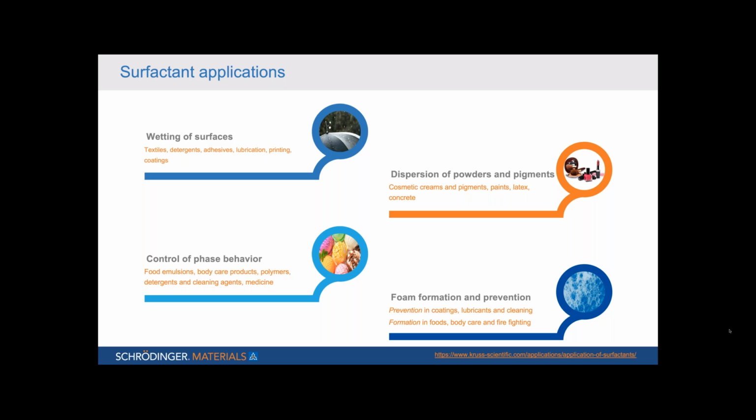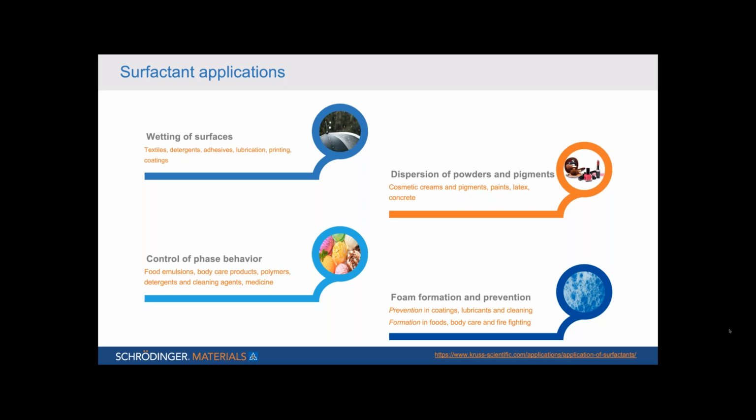So before I jump right in, just setting the stage, I'm sure most of the audience here are well familiar with the applications for surfactants, the different types of utilities: wetting of surfaces, controlling phase behavior in materials, dispersion, or controlling foam, either preventing it or aiding in the formation, depending on what the application is.